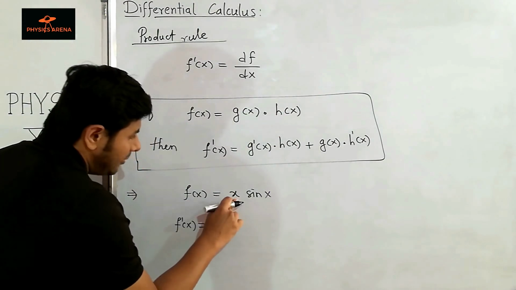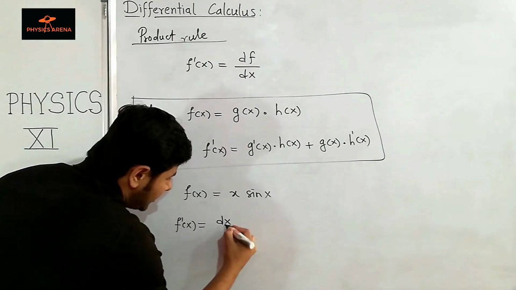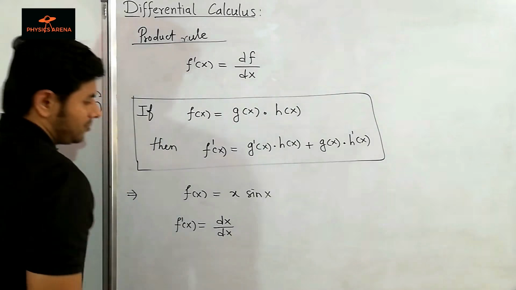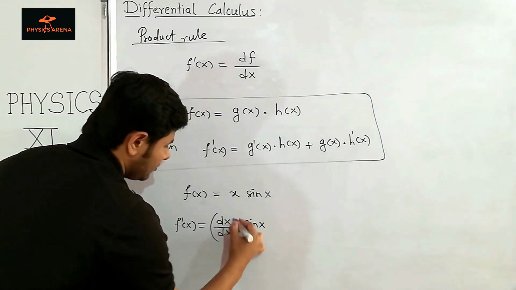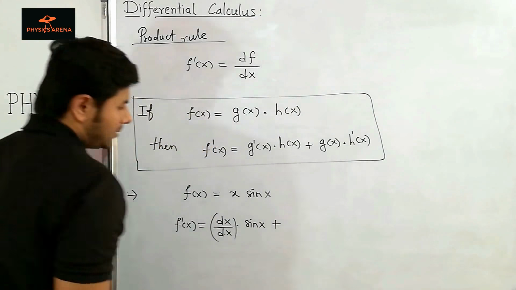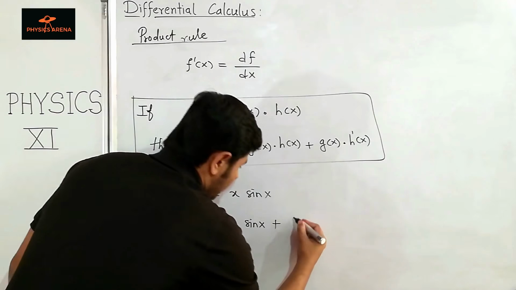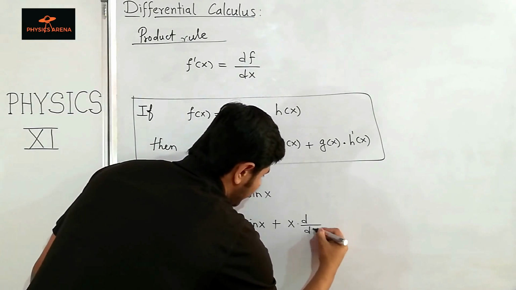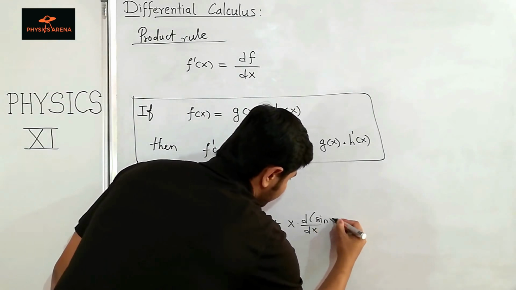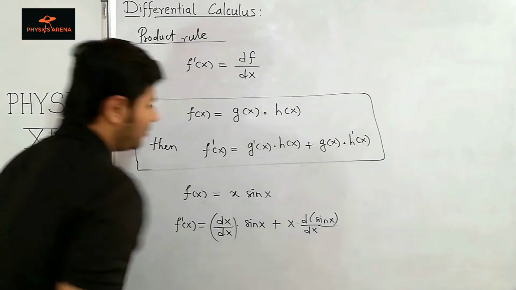It is derivative of first function, which is dx by dx, into sin x, plus first function as it is, so x as it is, into derivative of the second function, so derivative of sin x.